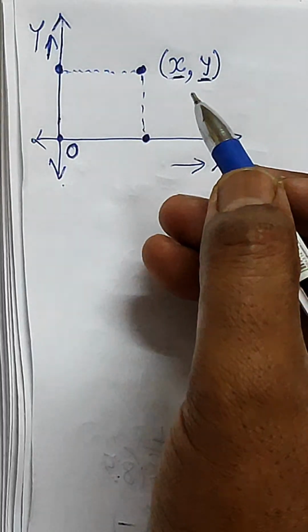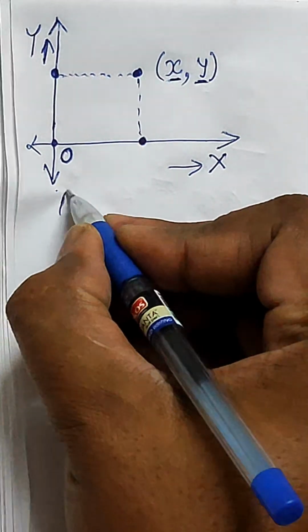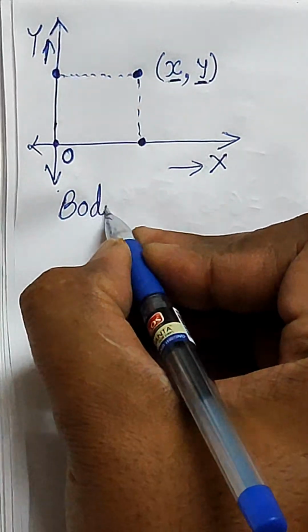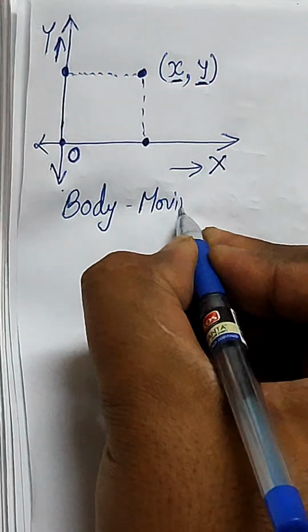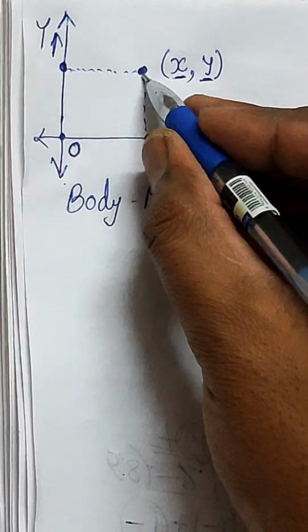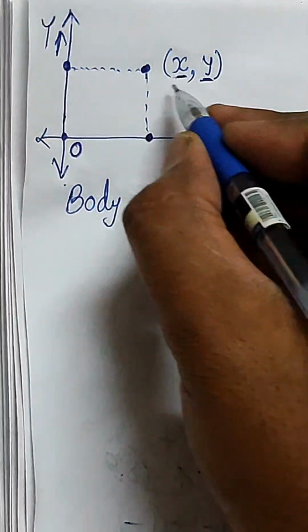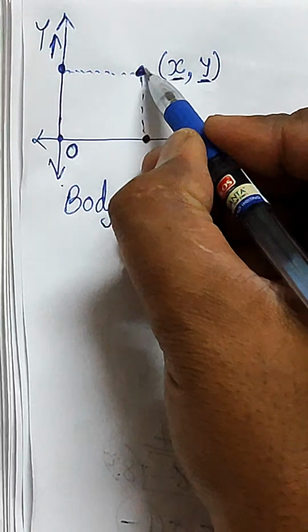It's given that in this question the body is moving. The body is moving and this is the plot of the body at a particular instant of the time. So this is the body.